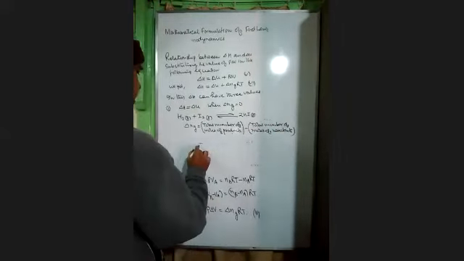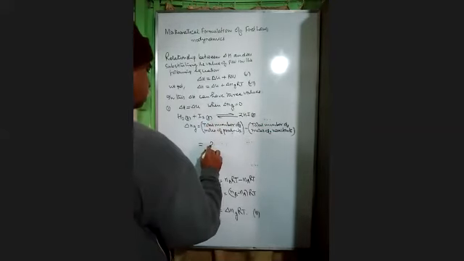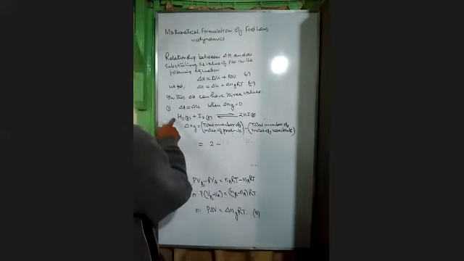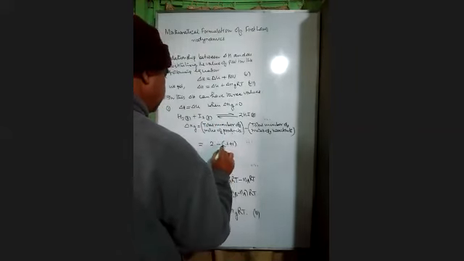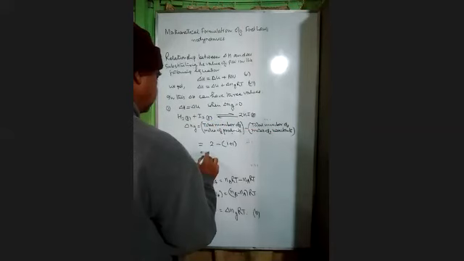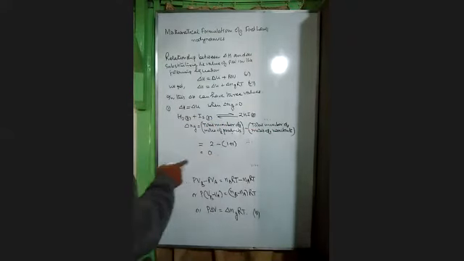See here, how many moles of product? 2. How many moles of reactants? 1 mole and 1 mole. So 2 minus 1 plus 1 is equal to 0. So under this condition, delta H is equal to delta U.